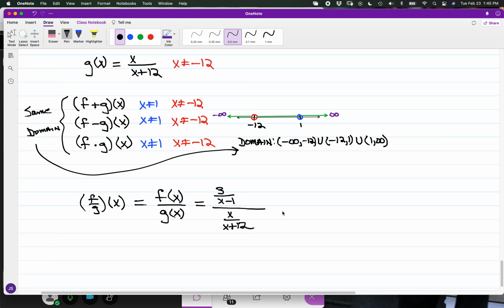In terms of the follow-through, right now I have a ratio between fractions. To get out of the fraction of fractions, we have 3 over x minus 1 divided by x over x plus 12, and we have to undo the division by a fraction. I can multiply by the reciprocal of the fraction on the bottom.